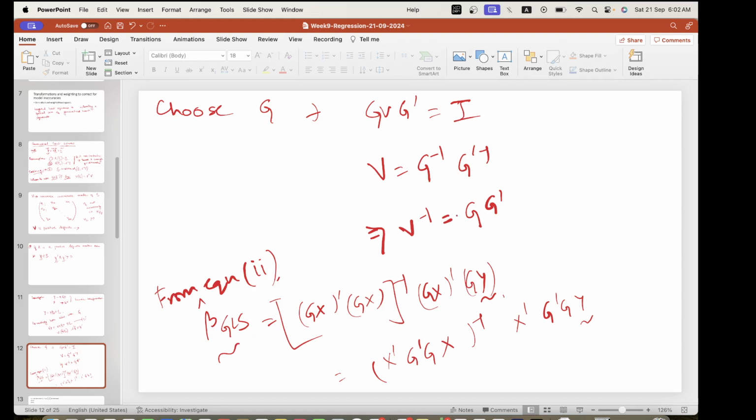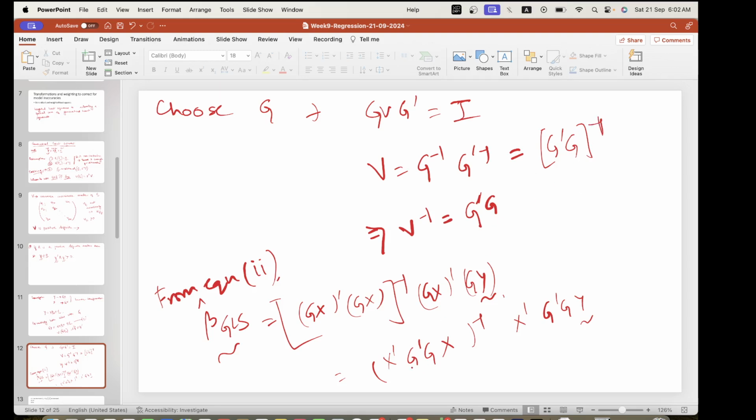Then from here, this is actually G transpose G, which we can write as V inverse.